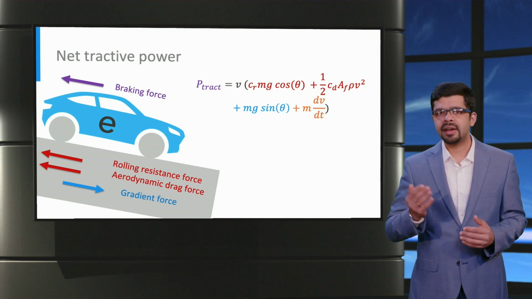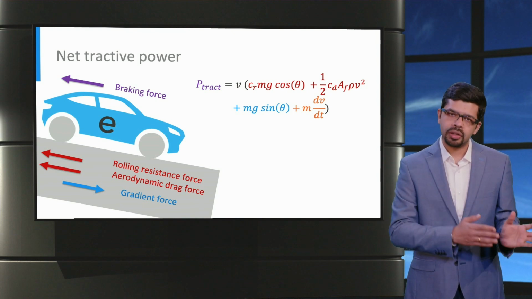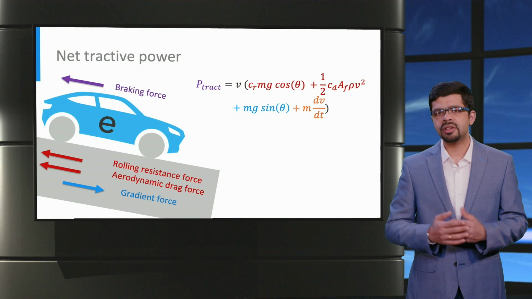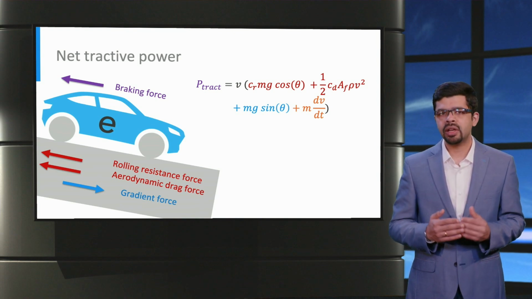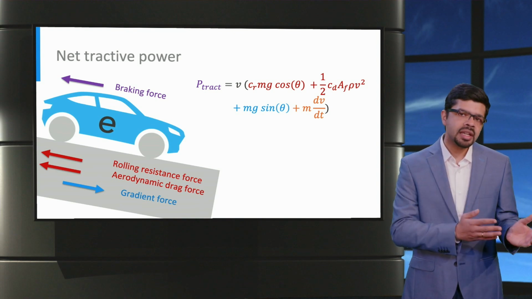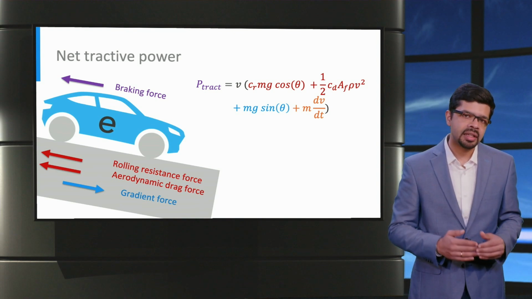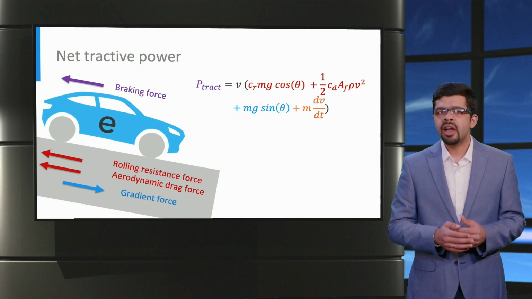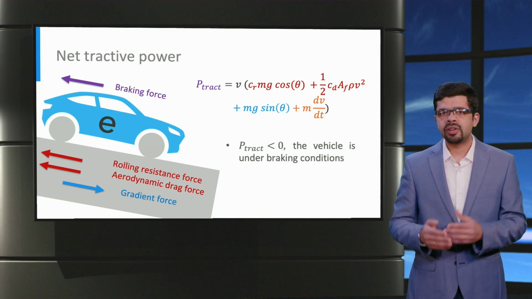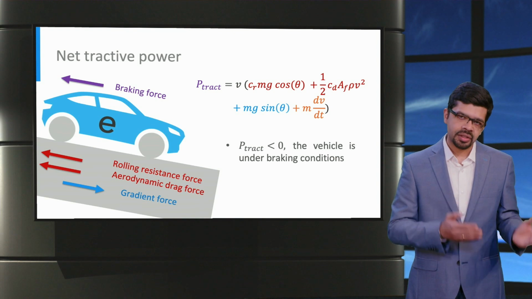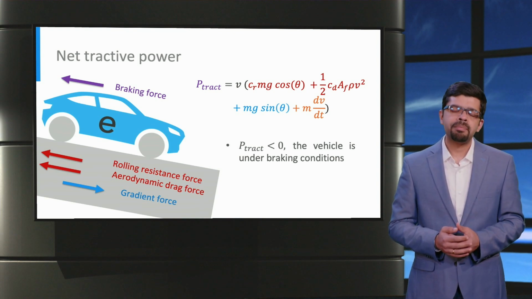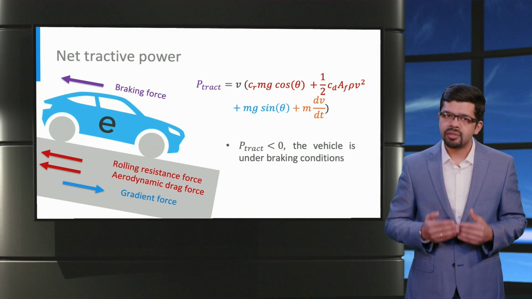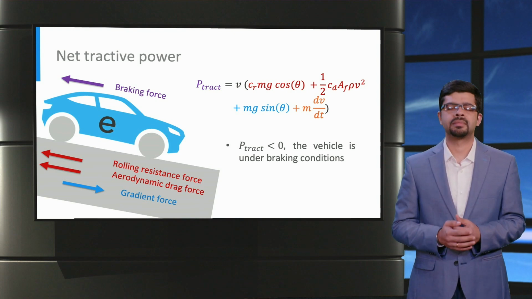On the other hand, the gradient force shown in blue and the vehicle acceleration force shown in red can be positive or negative depending on the gradient angle and the change in the velocity, dv by dt, respectively. When the net tractive power P_tract is less than 0, or negative, the vehicle is under braking conditions and part of the power can be recovered using regenerative braking.